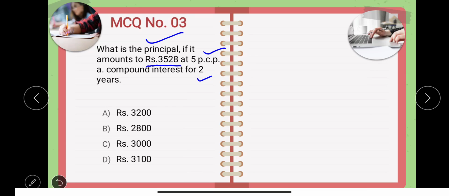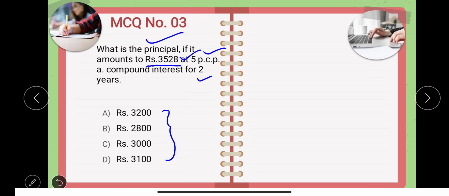So please understand, here you have to calculate the principal. Principal is always less than the amount. So the answer will be less than the amount. But in this example, all the options are less than the amount. So here you have to calculate the principal by using the formula for amount.